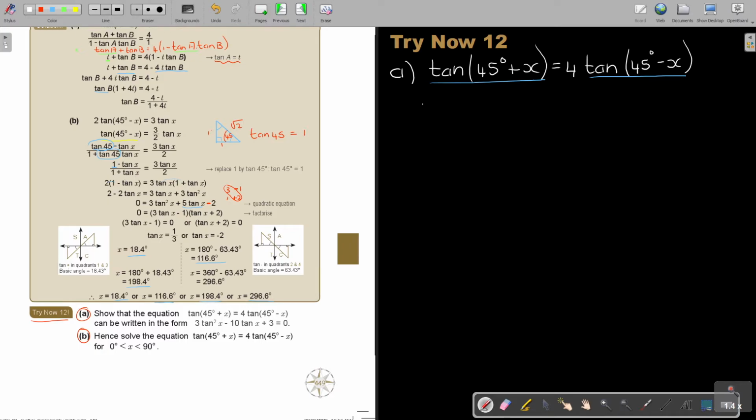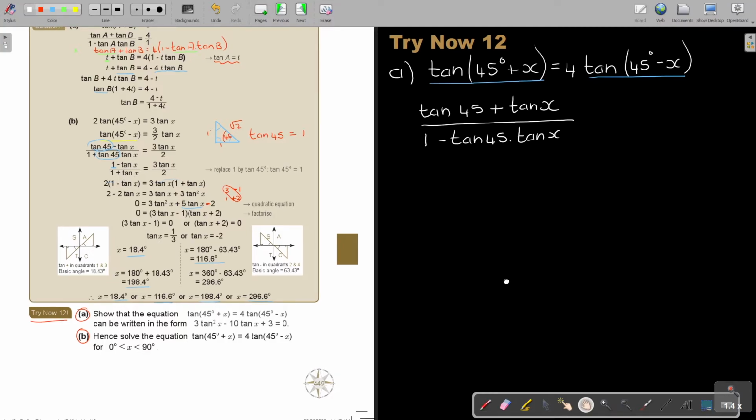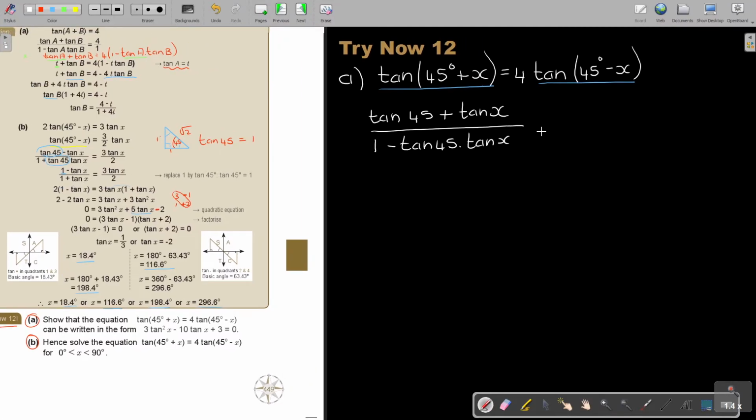Okay, let's start. It's tan 45, the first one, same sign, plus tan x, the second one, over 1, opposite sign, and then the first one times the second one. Okay, and to move it a little bit to this side, and then it's equal.